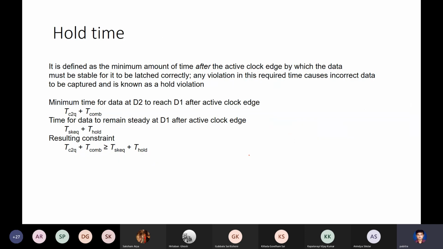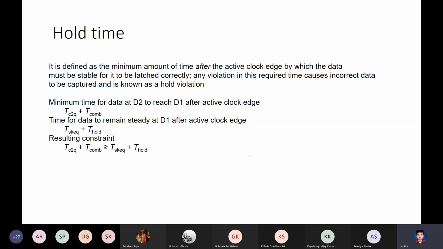Similarly, there is a hold time. This is on the trailing edge, that means the 1 to 0 edge. So after the active clock edge, this is the amount of time for which the data should hold for stable output. You can do the same analysis here.